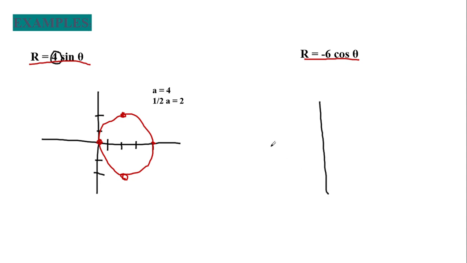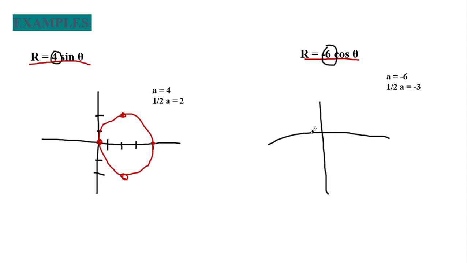Let's have a graph first. Our circle is on the left side since our a is negative, which is negative 6. So let's have first the a and the half of a. Our a here is negative 6.